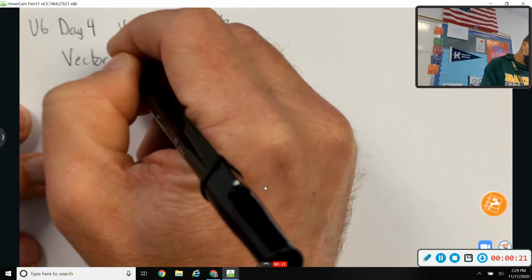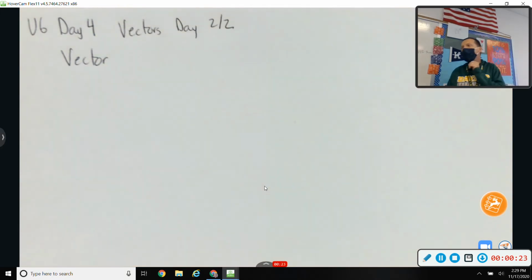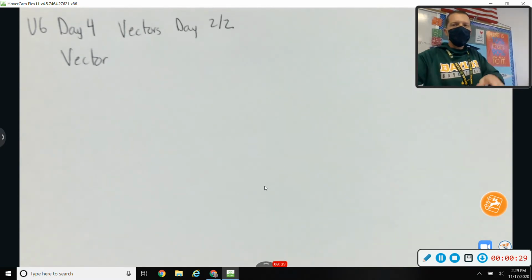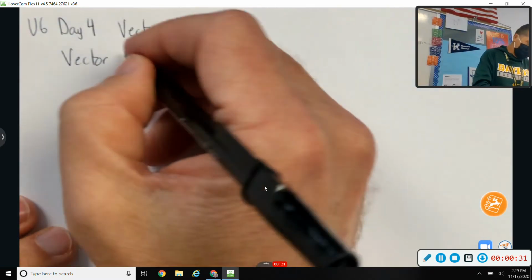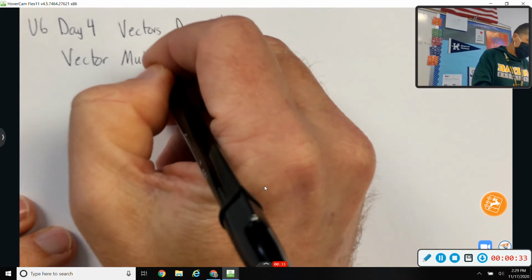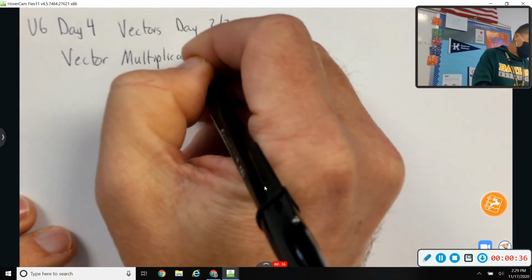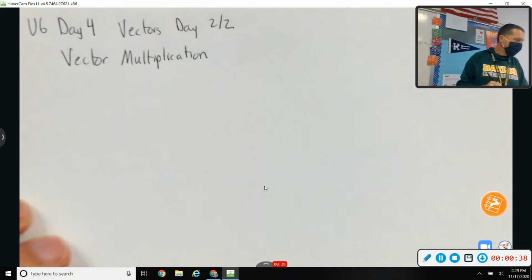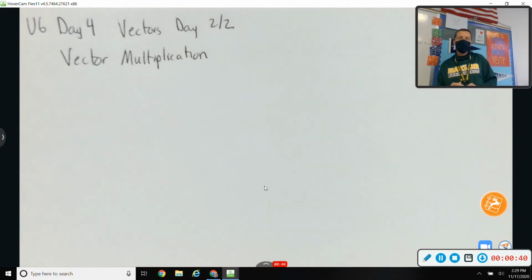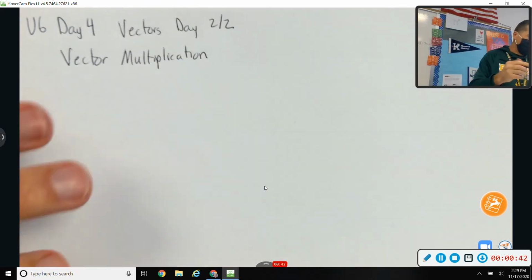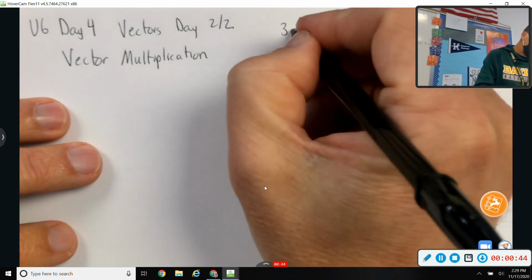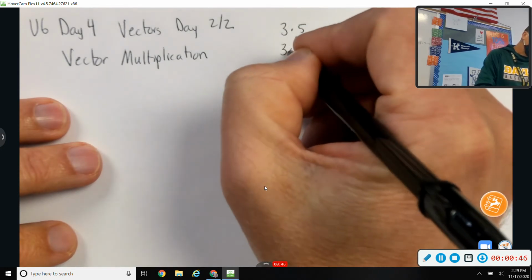Yesterday we did adding and subtracting vectors, multiplying by 3 or 2, scalar multiplication. Today we're going to multiply vectors. And the, I guess, extra weird thing is that there's 2 different types of multiplying.